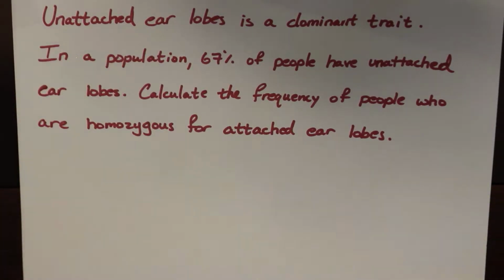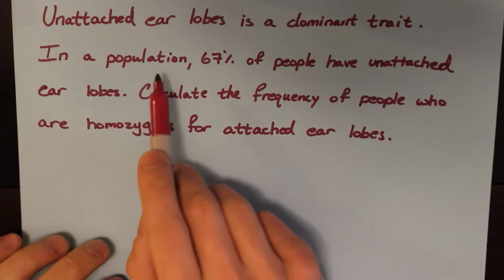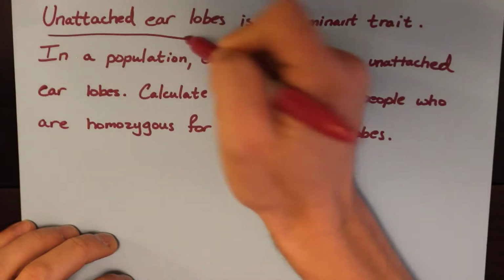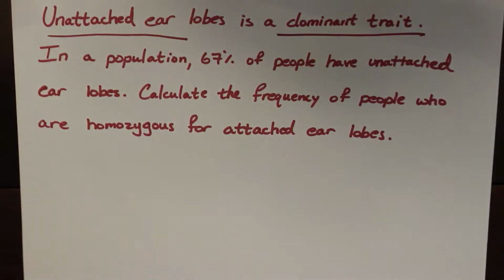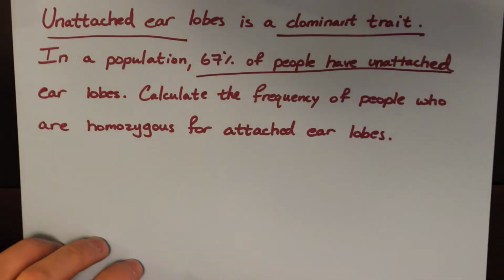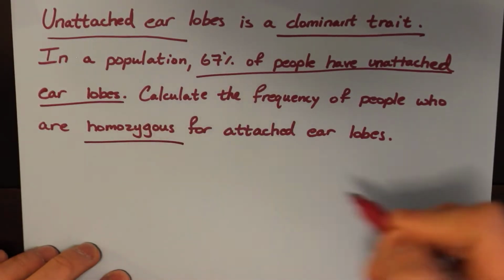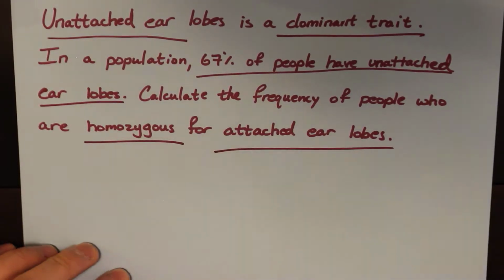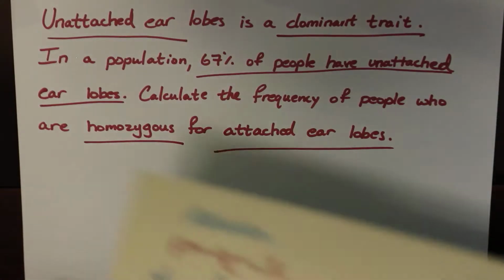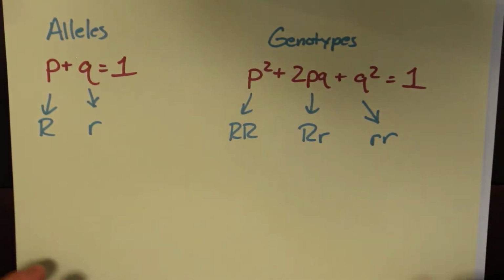But anyway, okay, so this problem is really tricky, and this is a nice little loophole I could throw you guys. So, we know that unattached earlobes is a dominant trait, okay? And 67% of people have attached earlobes. Okay, so we want to find how many people are homozygous for attached earlobes, or the frequency, you know, percentage. So what are we trying to find here?